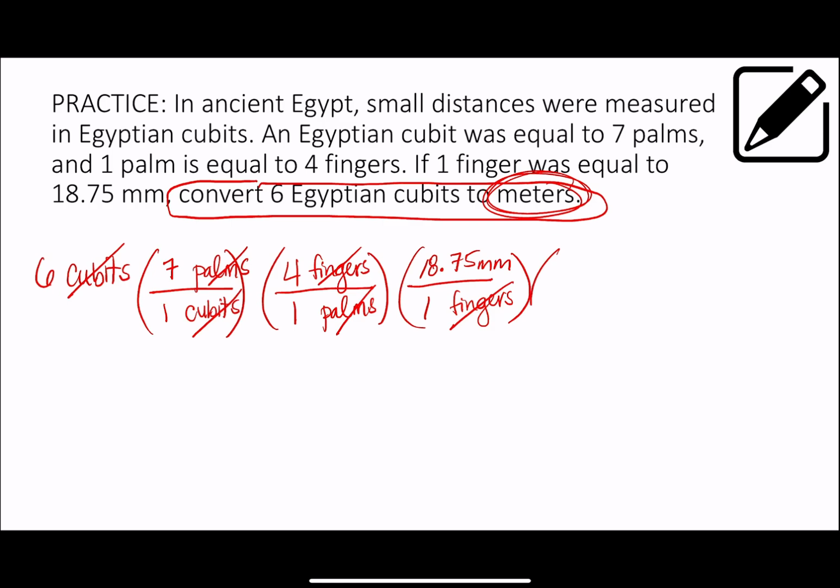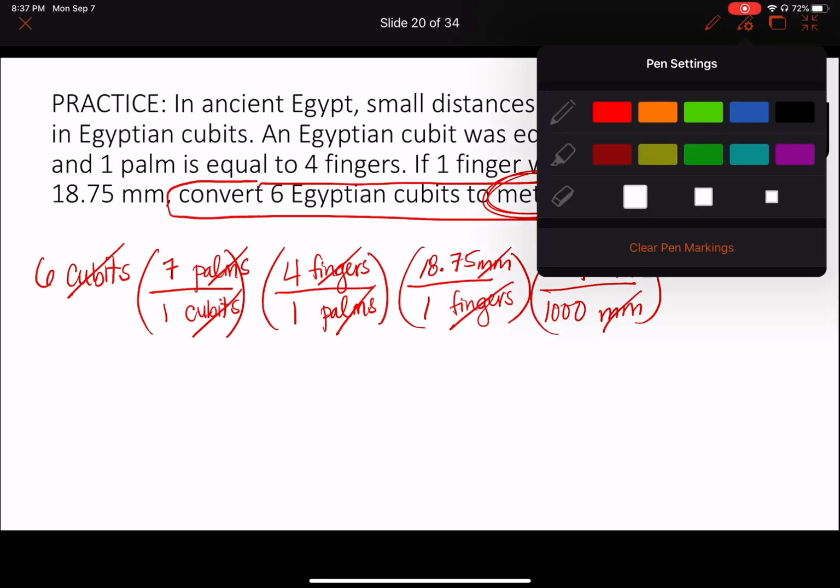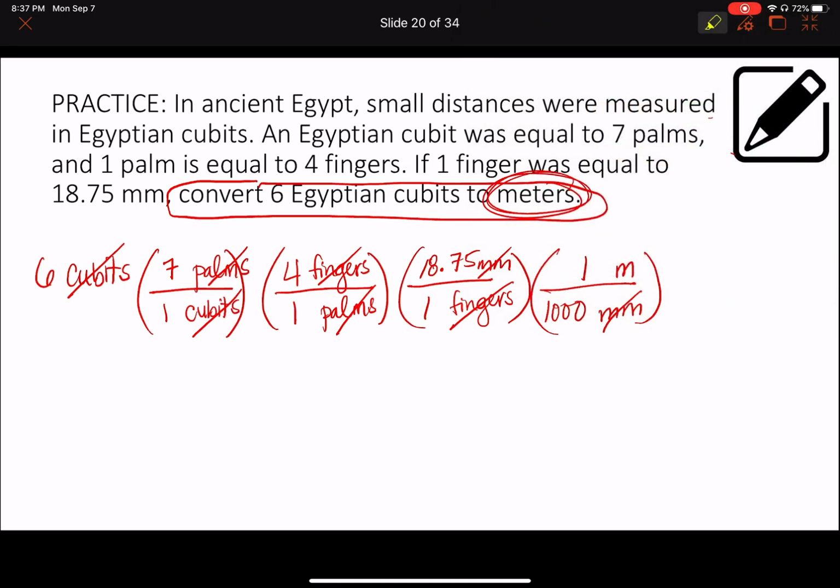So now we're going to take our millimeters, go down here with meters at the top there, and it is 1,000 millimeter per 1 meter. Millimeters cancel. So everything that is on top, so this 6, 7, 4, 18.75, and 1, you're going to multiply.